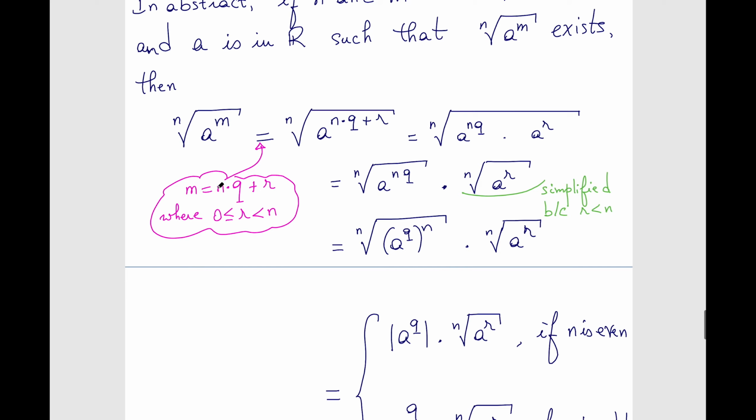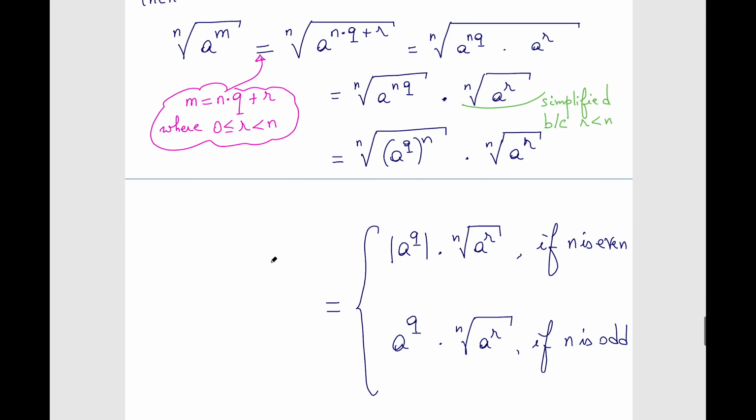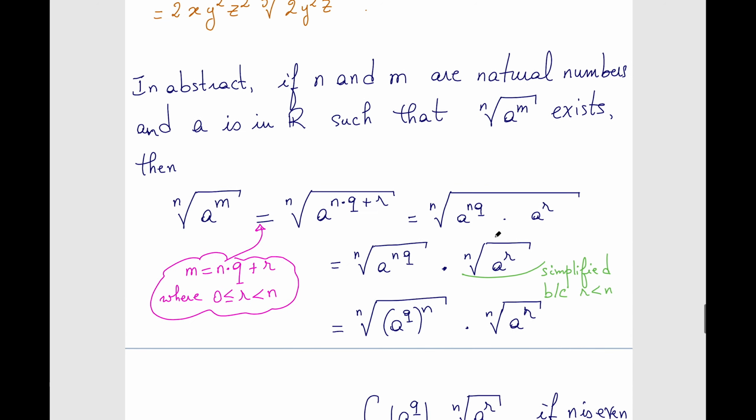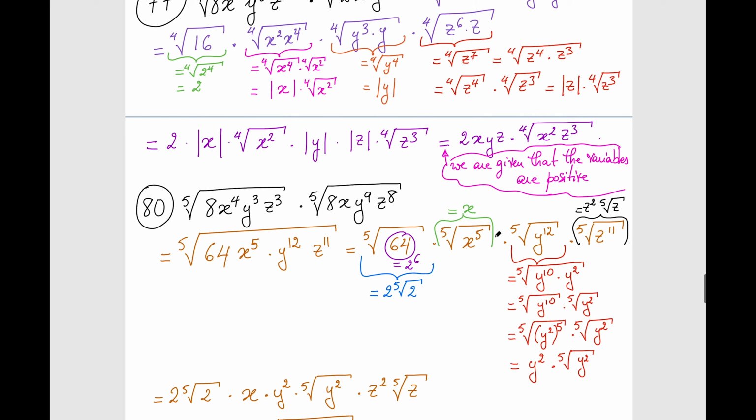7 is equal to 4 times 1, so q is 1, plus the remainder 3. And we get this. So it's going to be the absolute value of a to power 1, so the absolute value of a, times the fourth root of a to power 3, right? So this is exactly what we found here.